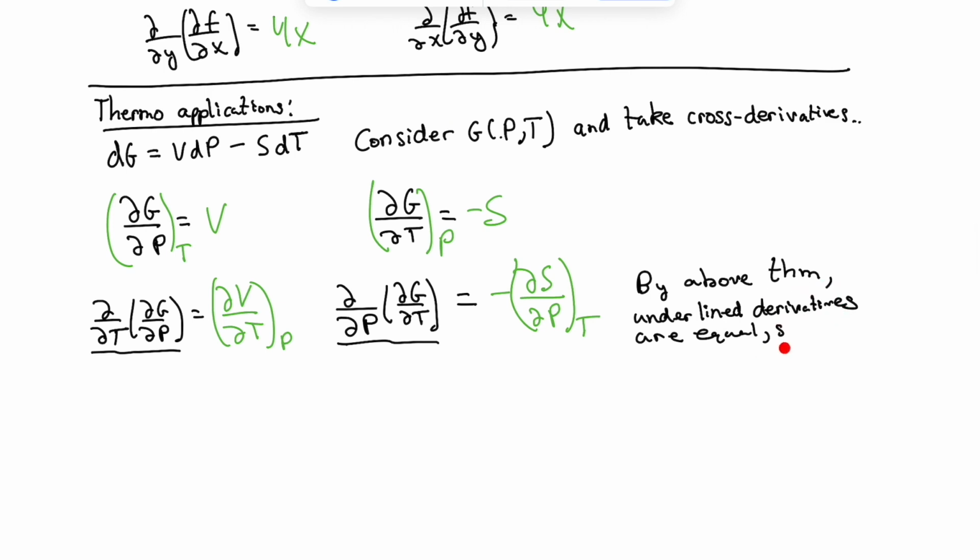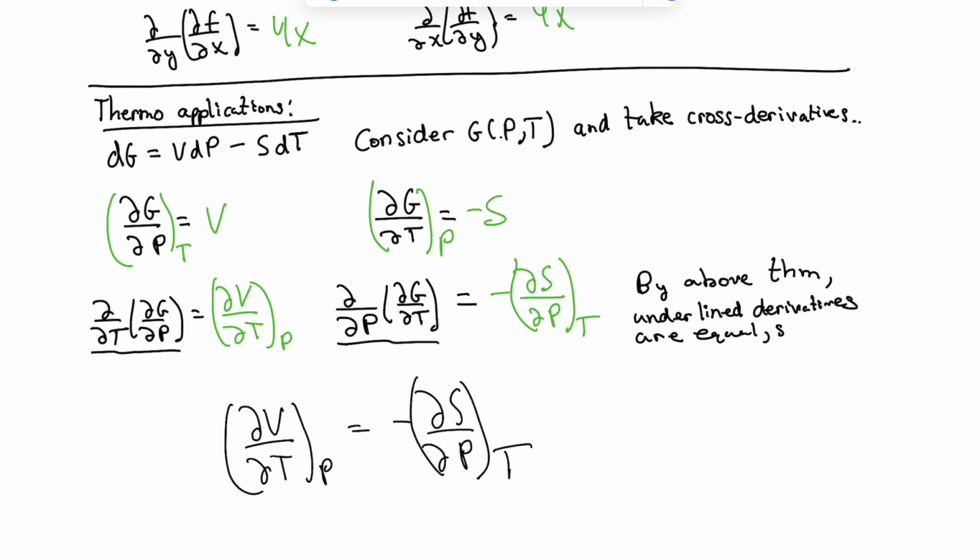So by our theorem, the underlying derivatives are equal, and so we have dV over dT at constant pressure is equal to negative dS over dP at constant T.